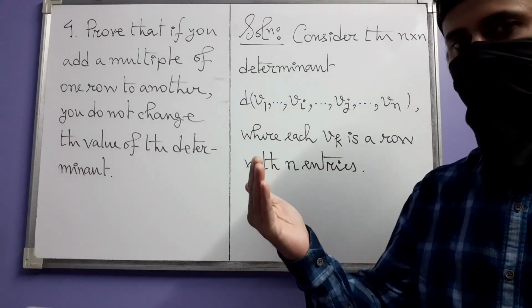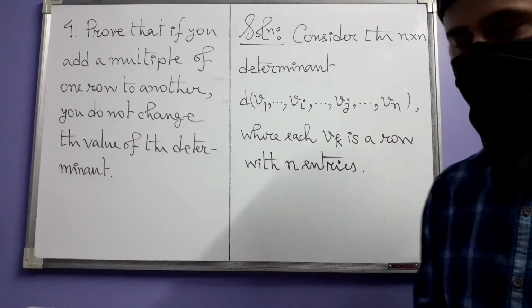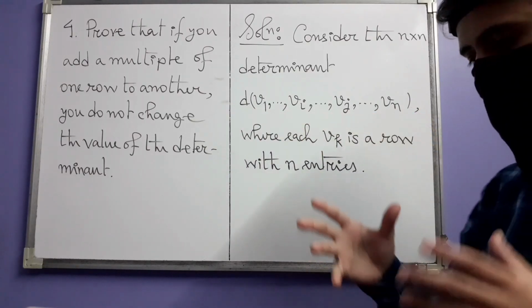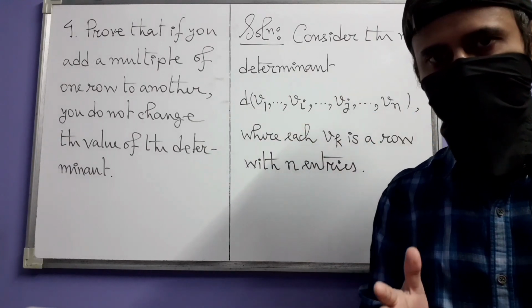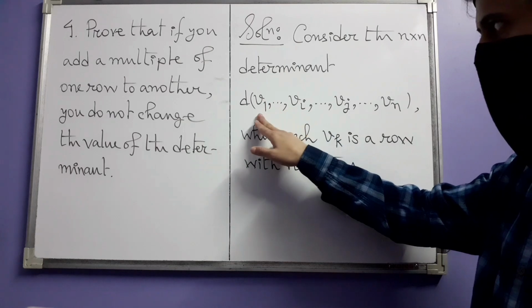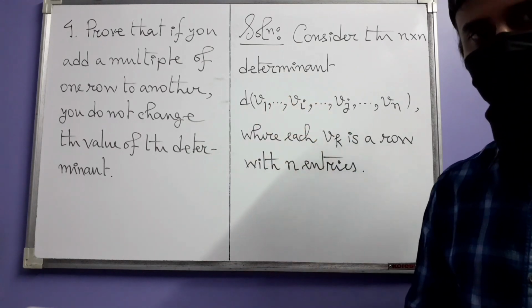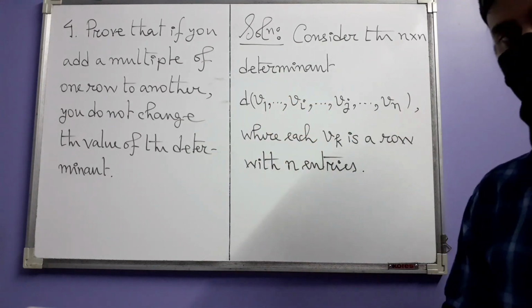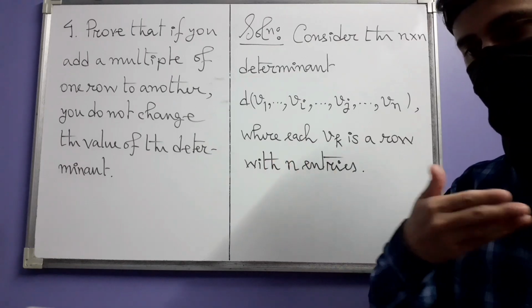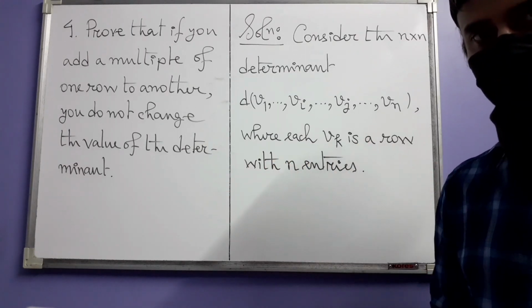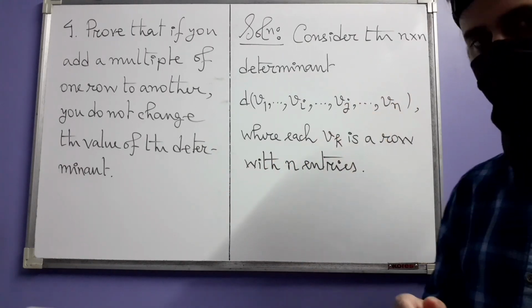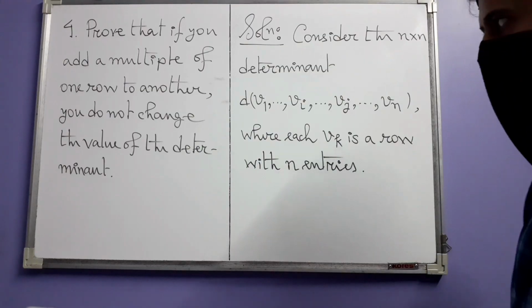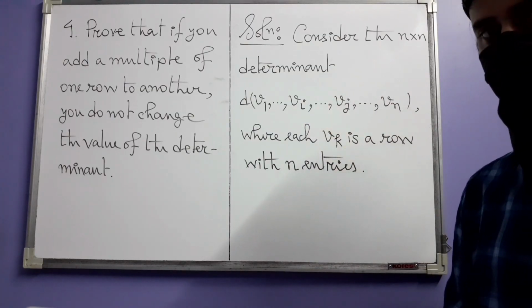Each row has n entries, and this actually is the determinant of that matrix whose first row is v1, second row is v2, and so on. The nth row is vn, and each row is a row having n entries. So this becomes the determinant of an n by n matrix. So that's what the notation is.